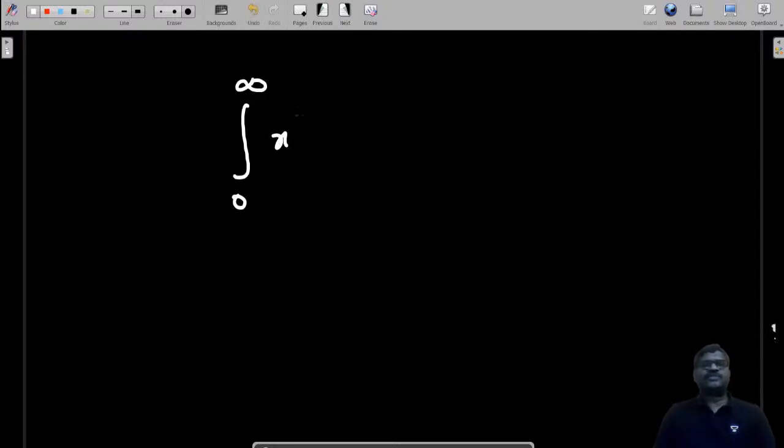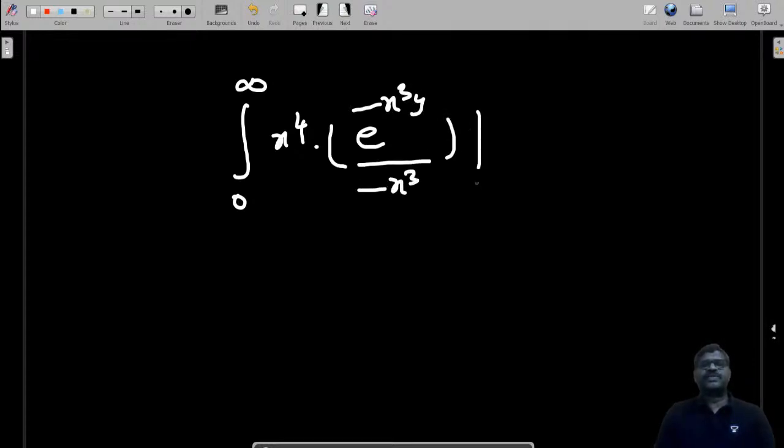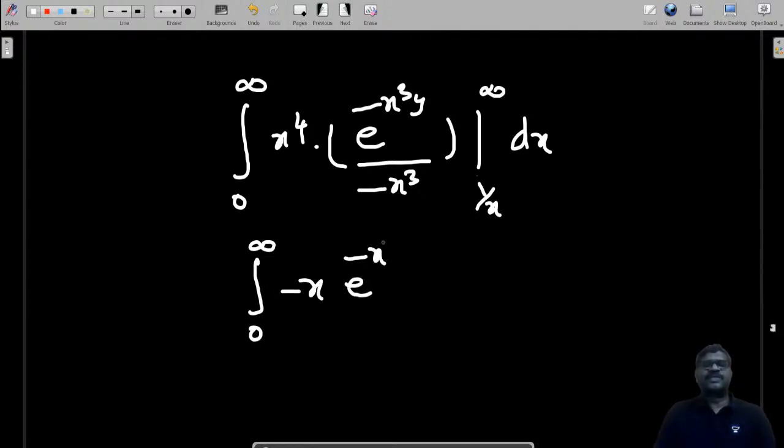x power 4, e power minus x cube y by minus x cube, from 1 by x to infinite, dx. Integral 0 to infinite, minus x into e power minus x cube y, from 1 by x to infinite, dx.